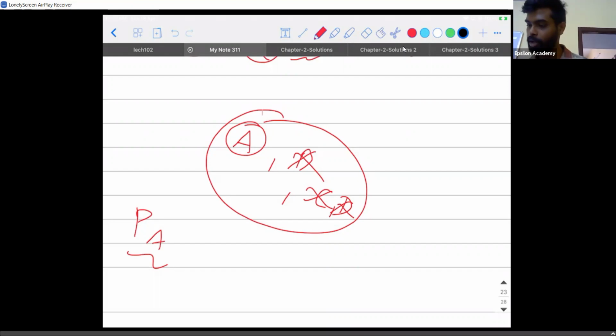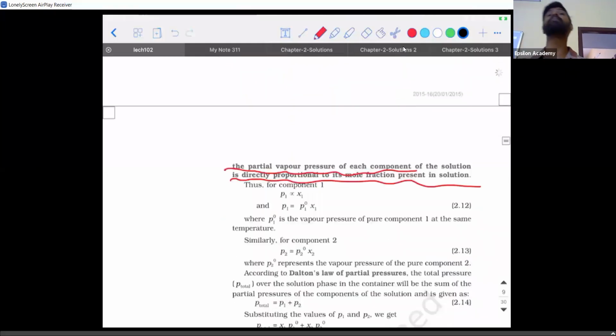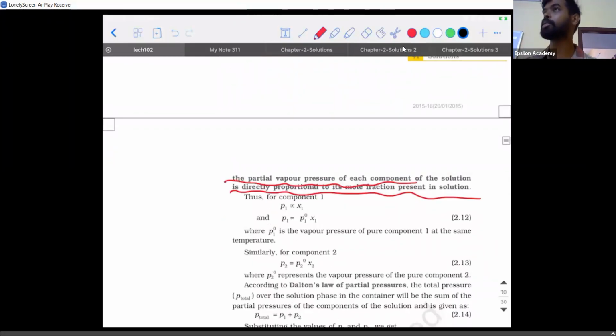So they're telling the partial vapor pressure, because now I have two liquids. Both the liquids will be able to go to the vapor phase and exert vapor pressure. So obviously I have two different gases in the vapor phase now, A and B. That is why they're using the term partial vapor pressure.